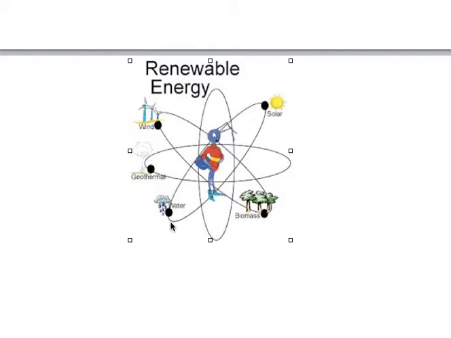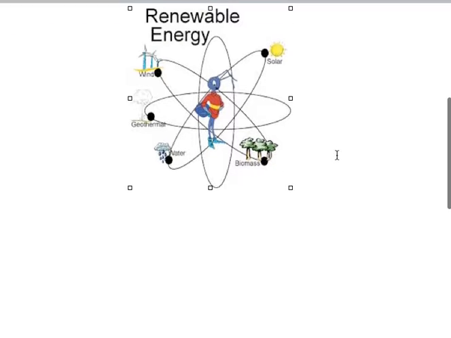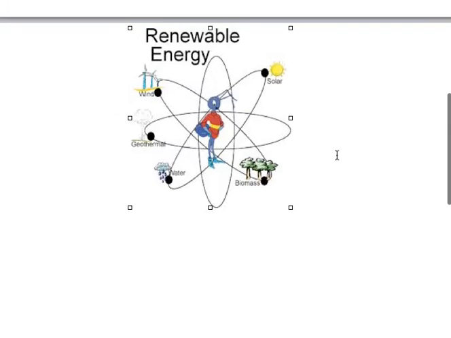Water is a renewable resource. Biomass, which includes trees, and solar energy, those are all examples of renewable energy sources. And we're going to read some articles in class that talk about how you can seriously strain a renewable resource, even though they are usually readily available and can be reproduced.